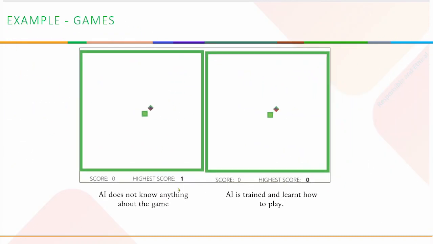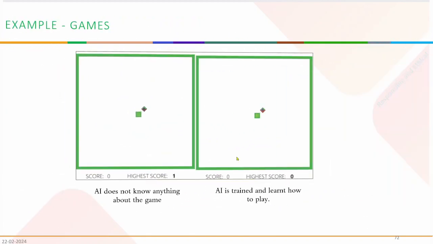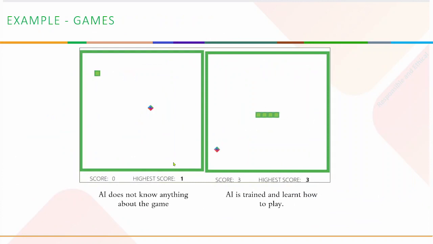Let's take an example here. Let's say the game. So you have two games here. On the left hand side, the AI does not know anything about the game. On the right hand side, you have the AI trained and it knows how to play the game. The game is about catching the prey here. So let's see. Let me click here.